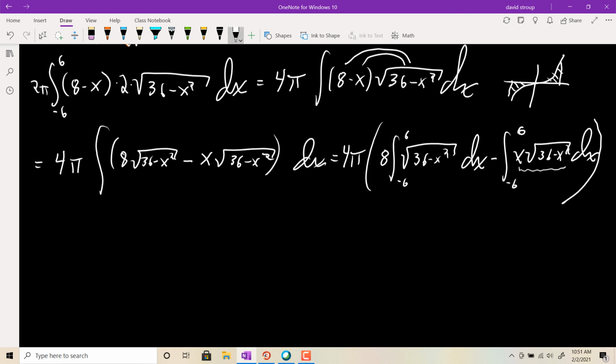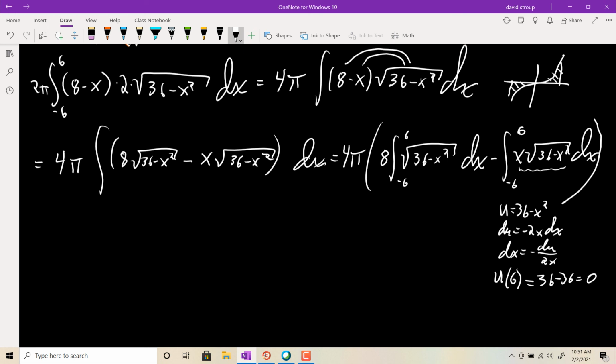If you don't like that explanation, you can always do a u sub on here. So you would do a u sub for 36 minus x squared. Du would be -2x dx, and then dx would be -du over 2x. And then if you change the limits, that's really where you see it. U of 6 would be 36 minus 36, which is 0.